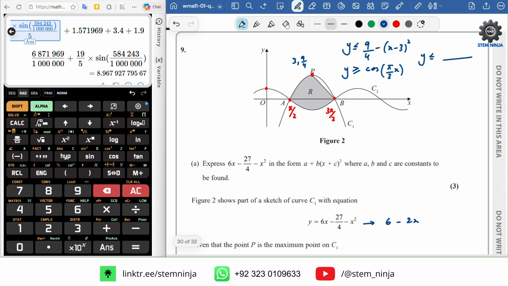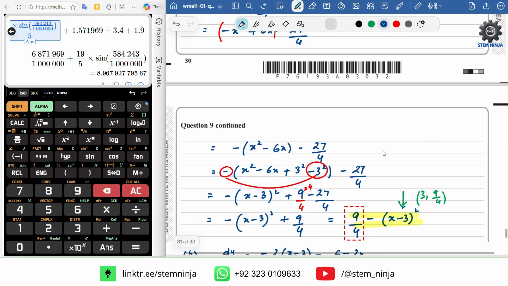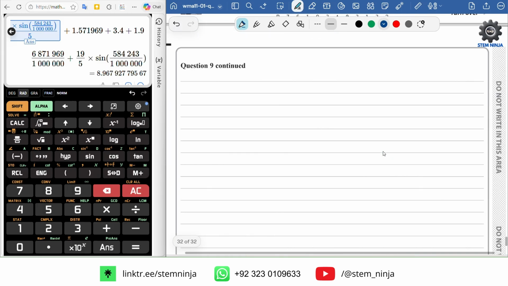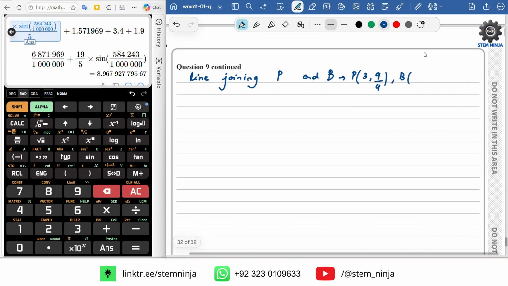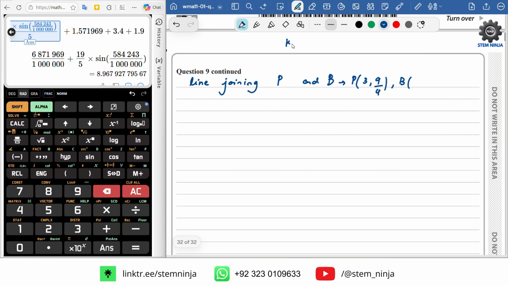So first off, let's write over there. The line joining P and B. So P is 3, 9 over 4, but for B, remember in the cosine function it is kx, right?